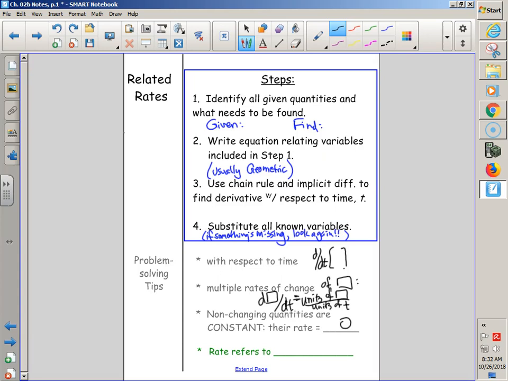Rate refers to, that's in green because that's review, instantaneous rate. It refers to the derivative. Here's a quick hint about constants.